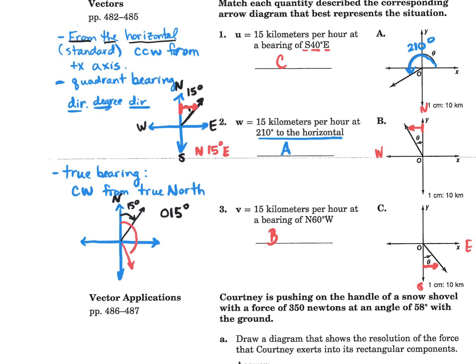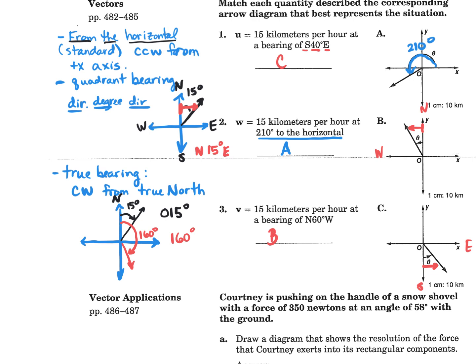Let's say this was 160 degrees. We would just write that as 160 degrees true bearing. Okay? But it's going clockwise, whereas from the horizontal or standard bearing goes counterclockwise, doesn't it? Does that make sense to everybody? So you have to pay attention to what they're telling you the measurement is.